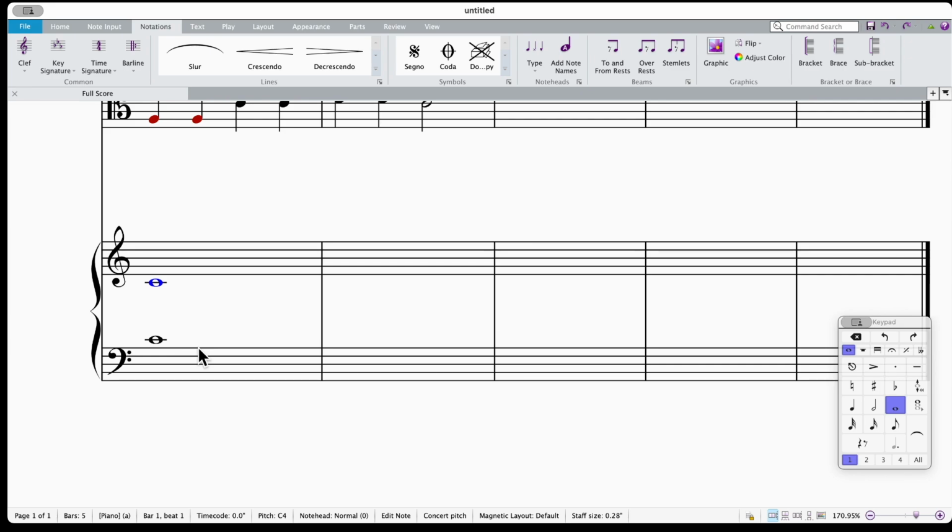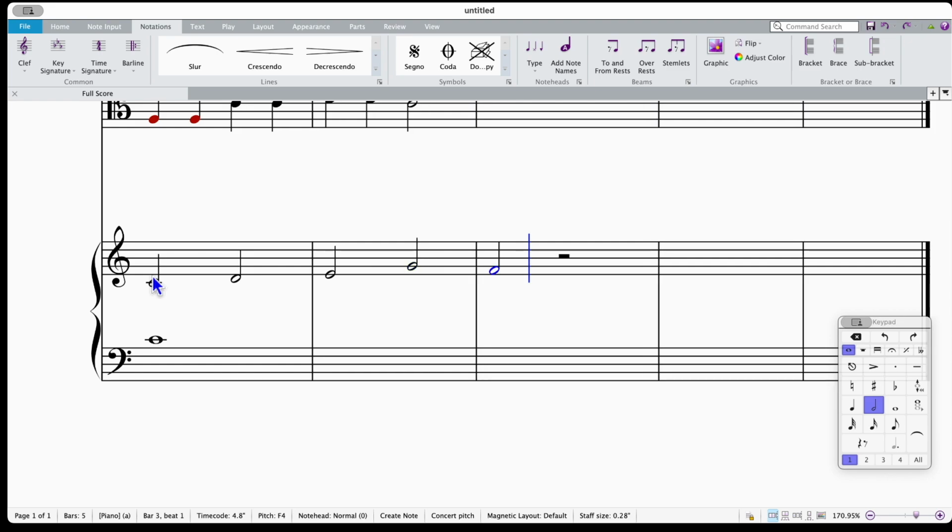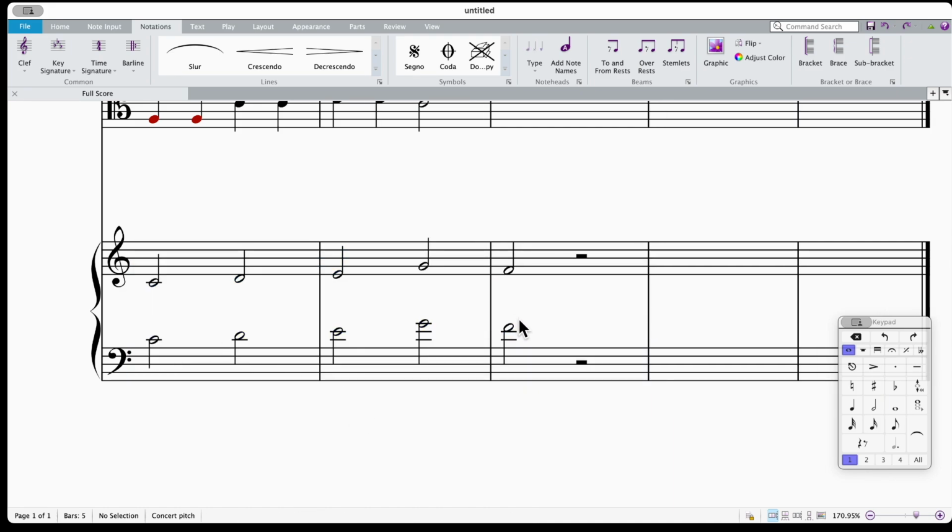The reason why we have all these different clefs, and we talked a little bit about this with the C clef, is if I'm writing a passage of notes, I'm going to write that little melody there in the treble clef. Well, if I take this same series of notes and I put it here in the bass clef, what's going to happen? I'm going to have some crazy ledger lines.